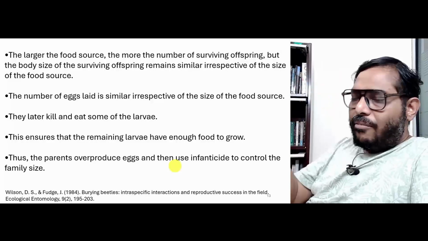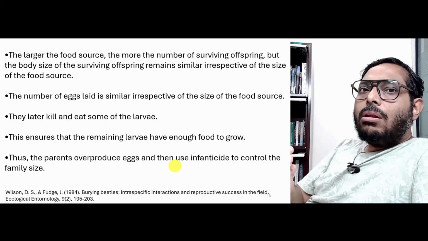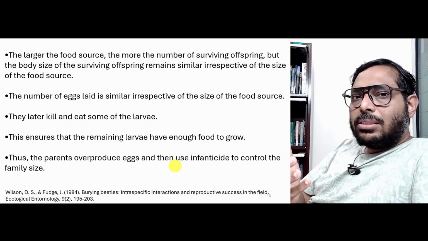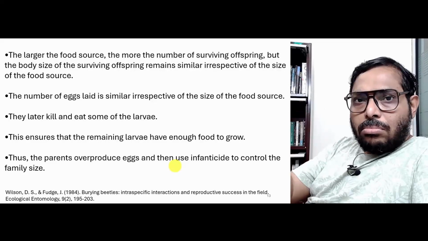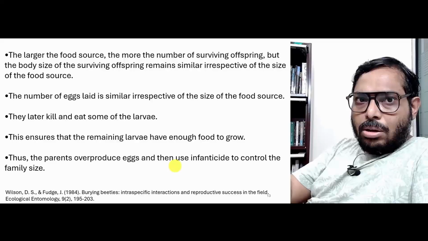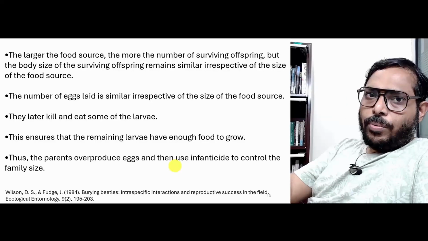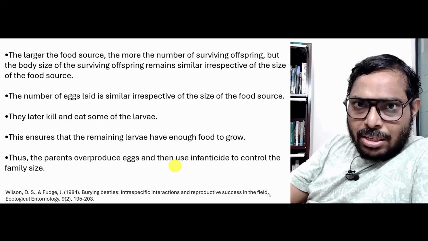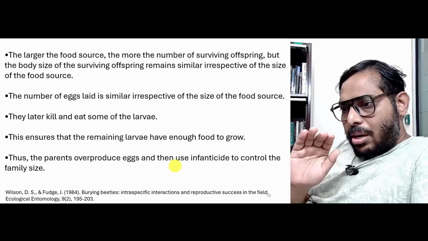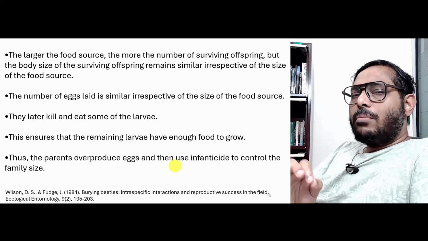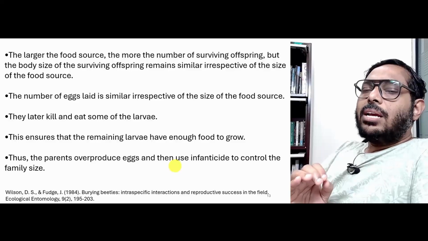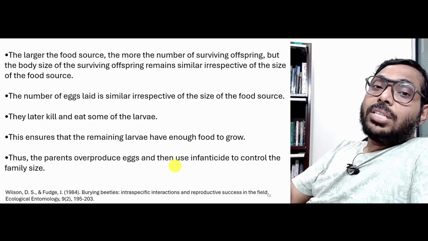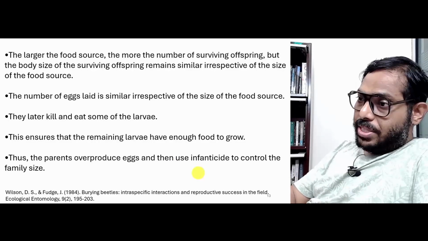Correct, it would have been, but not all solutions that make sense to a human being or an engineer are what the organism will be able to execute. Maybe it does not have the genes to do that kind of sensing. But anyway, the main point I am trying to make is that organisms can use infanticide to reduce competition for food among their babies.